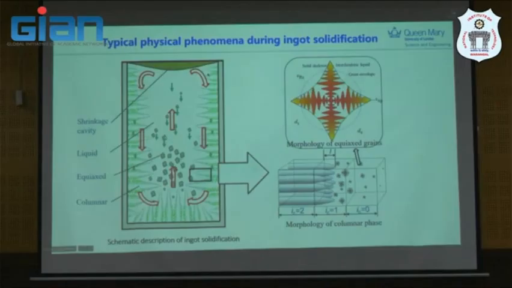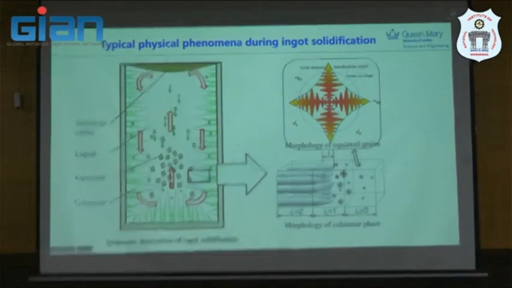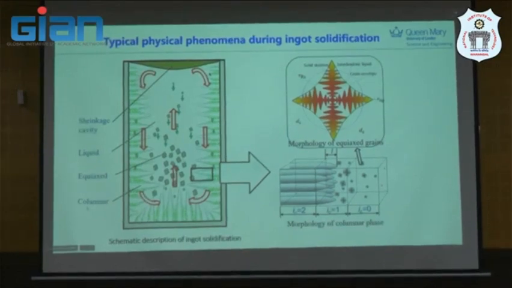And if the tip area of the columnar phase is full of equiaxed grain, they will block the growth of the columnar grain. And finally, there is a CET zone appearing in the bottom of the ingot. CET means columnar to equiaxed transition.